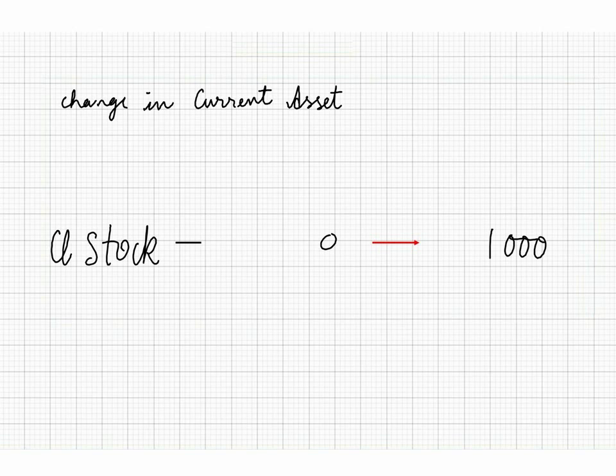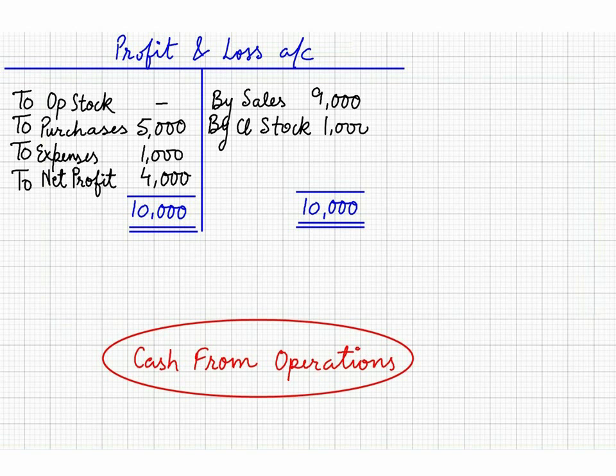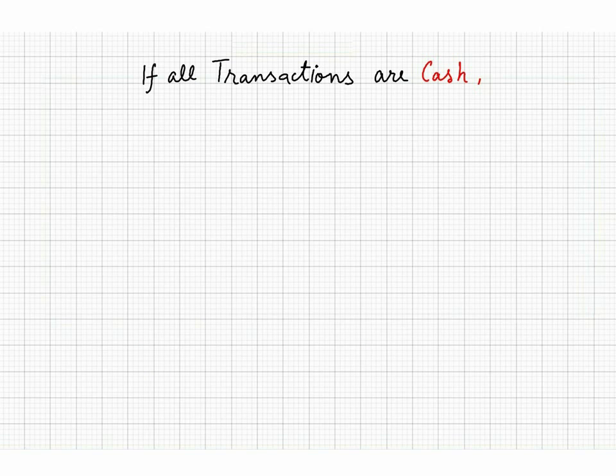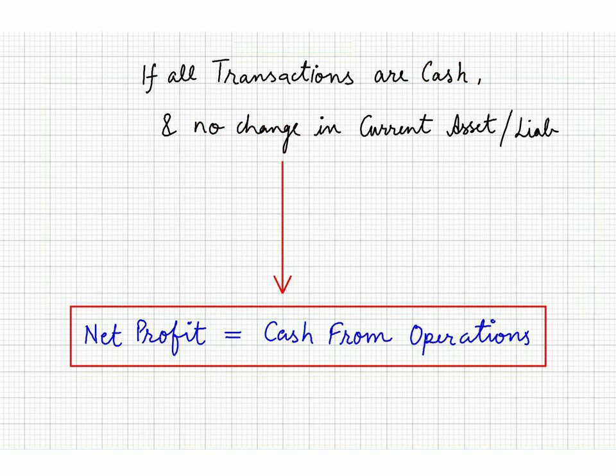Now you are asked to calculate cash from operation. Be careful. I have been repeating continuously that if the net profit is calculated on the basis of purely cash transactions and without any influence of change in current asset or liability, that is called cash from operation.